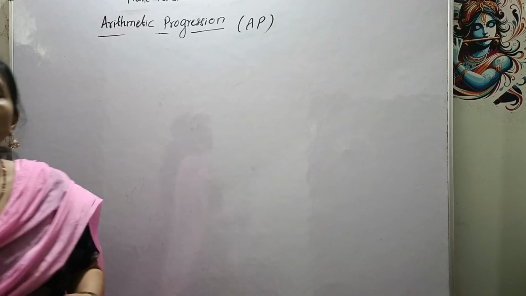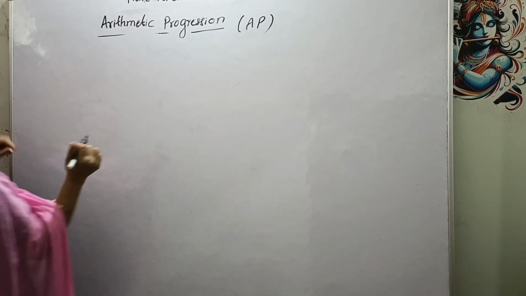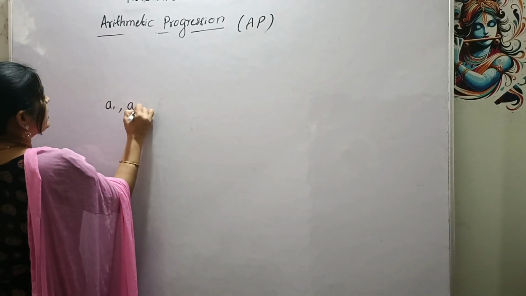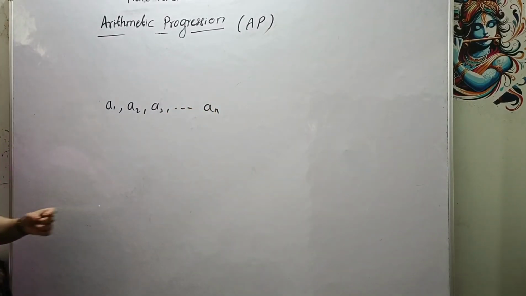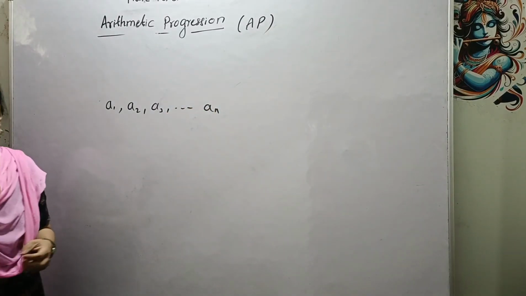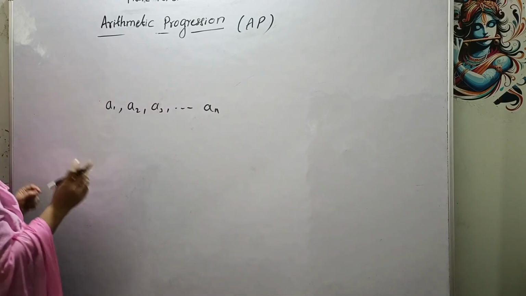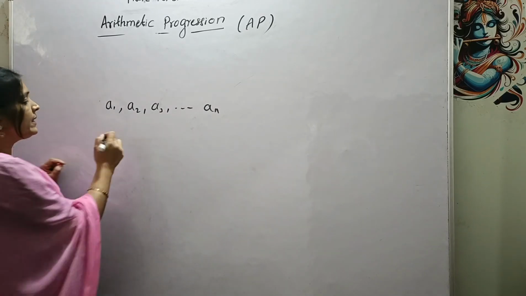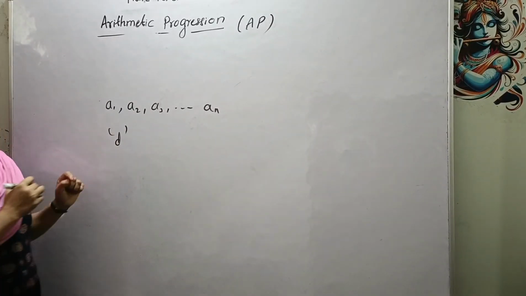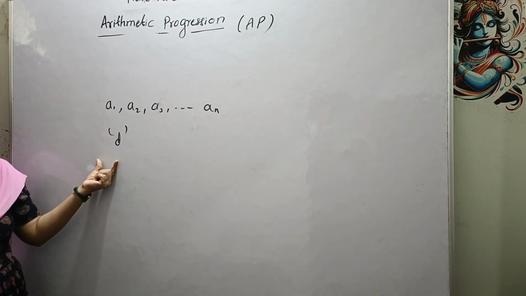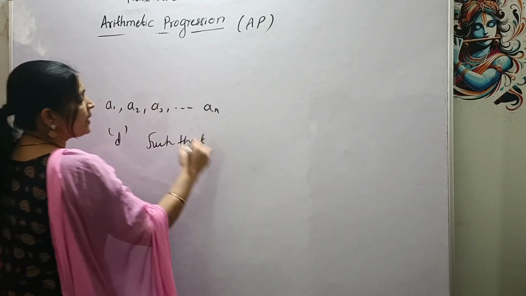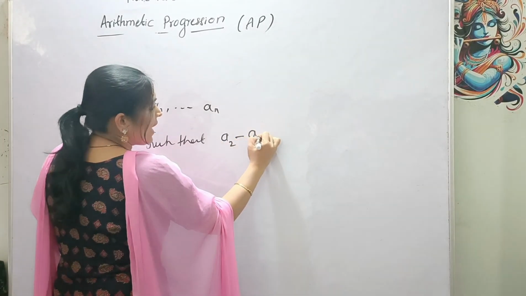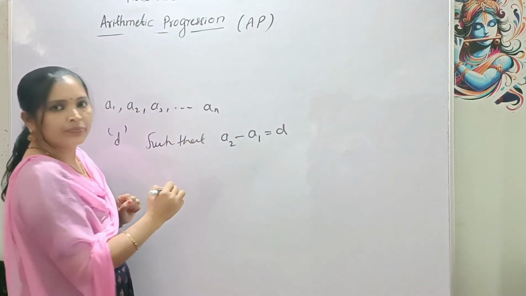Now, let's define arithmetic progression. A list of numbers a1, a2, a3, etc., an is called an arithmetic progression if there exists a fixed number d such that a2 minus a1 is equal to d.